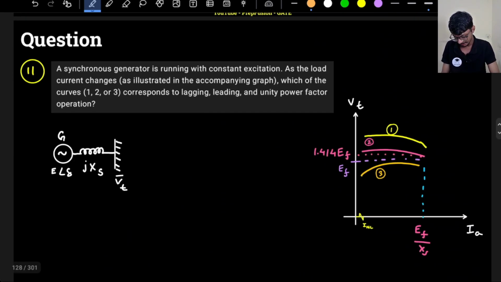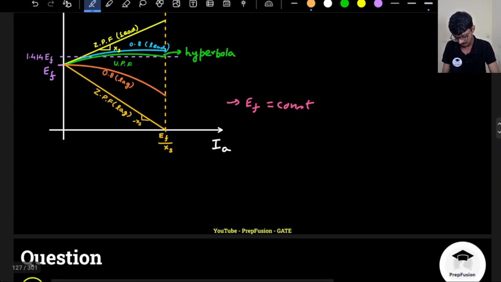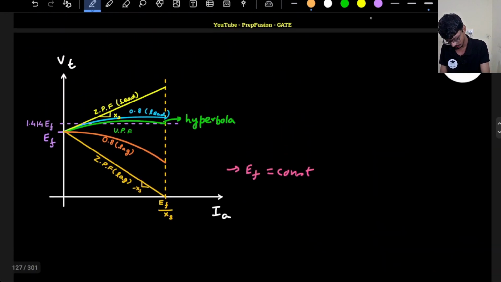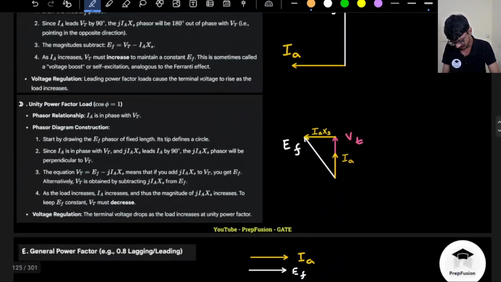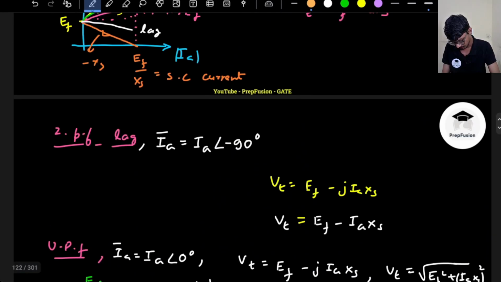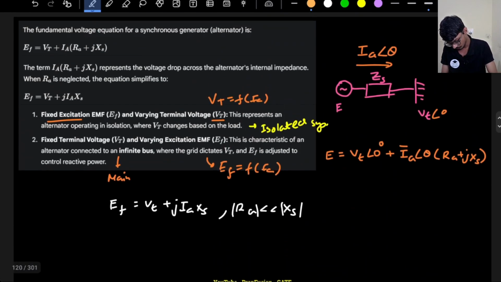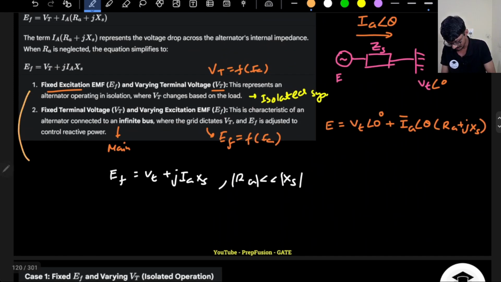So basically, this is called the external characteristics, whatever we have been plotting. We discussed two cases, case 1 and case 2. The first case is actually known as the external characteristics. Why is it called the external characteristics?